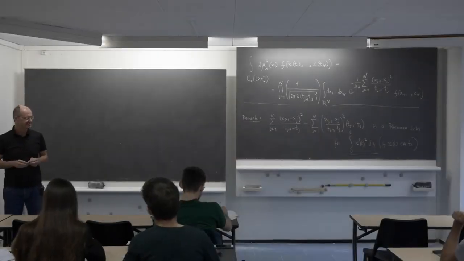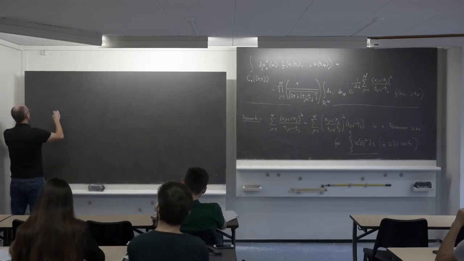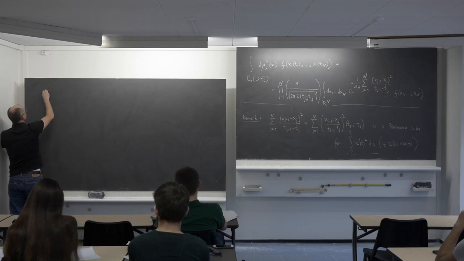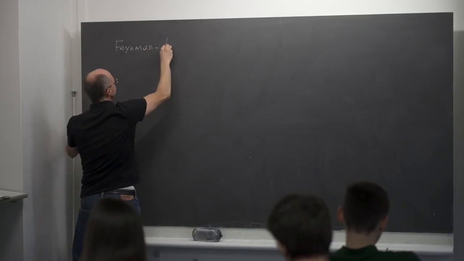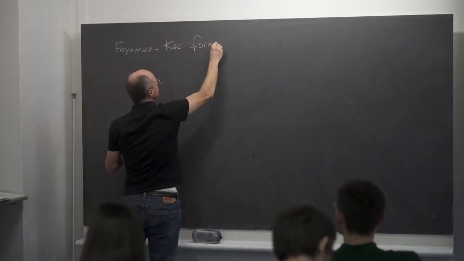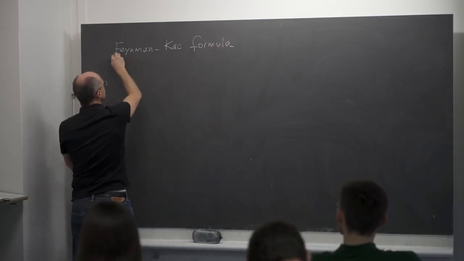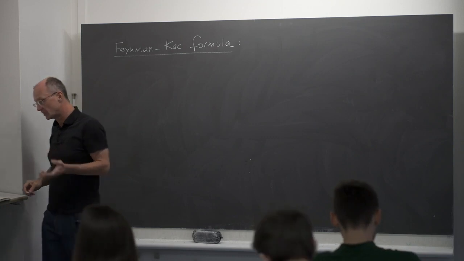All right, so let's continue. The last calculation in the course goes under the name of the Feynman-Kac formula. So let's go back to the basics.